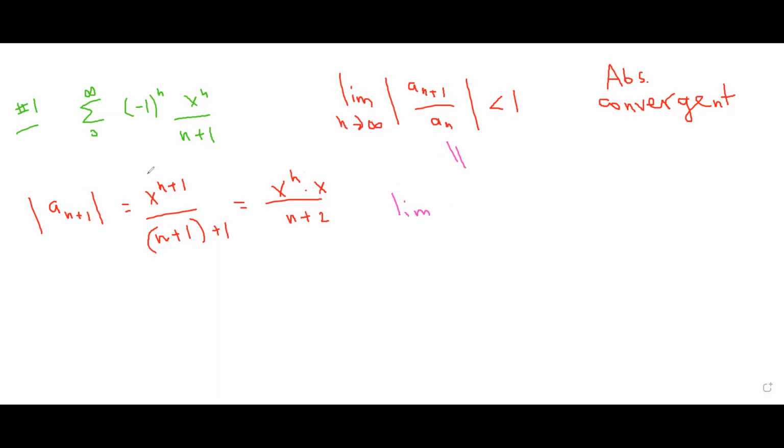Therefore, my limit here will look like a fraction that we have for the nth term, which is multiplied by the reciprocal of the actual nth term in here. So I'm going to take this x to the power of n. Notice I always want to separate it because eventually it's going to be canceled.